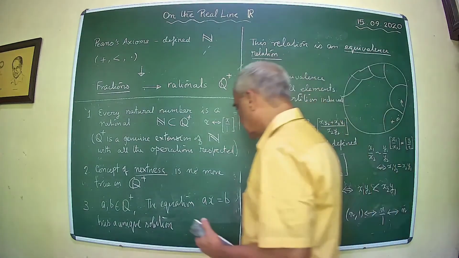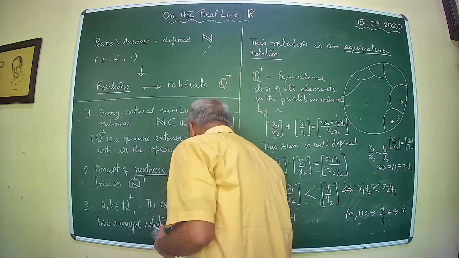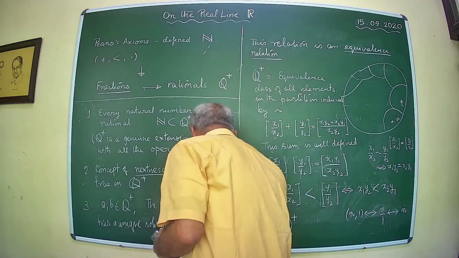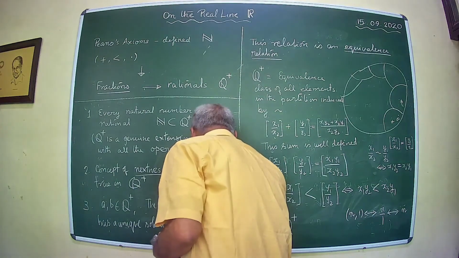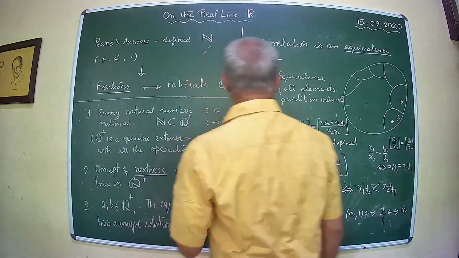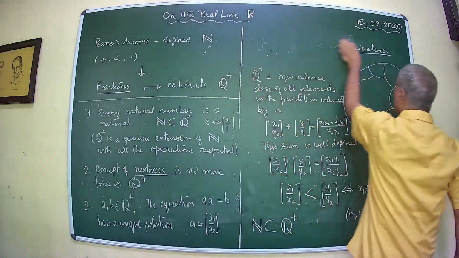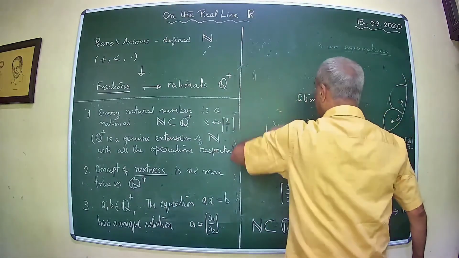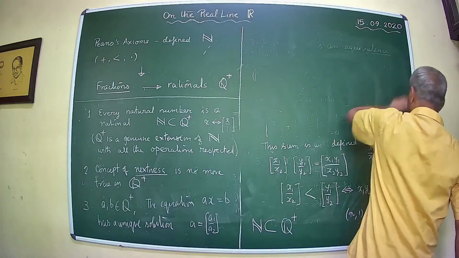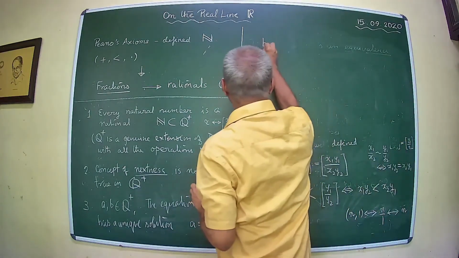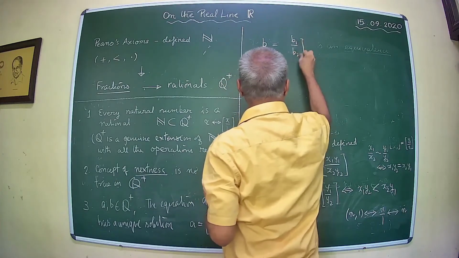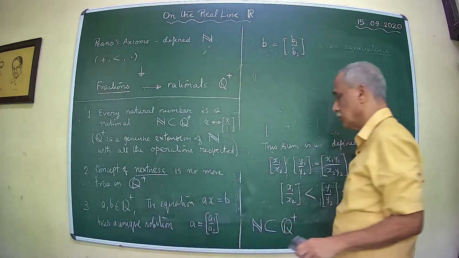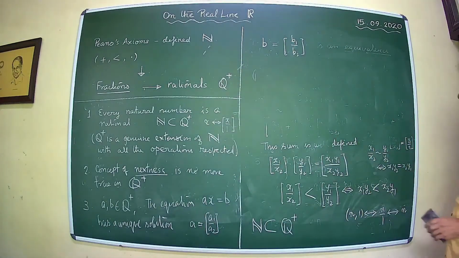How does it come? Suppose I write a as a1 by a2, this is the fraction identified with it. b is the block corresponding to b1 by b2.